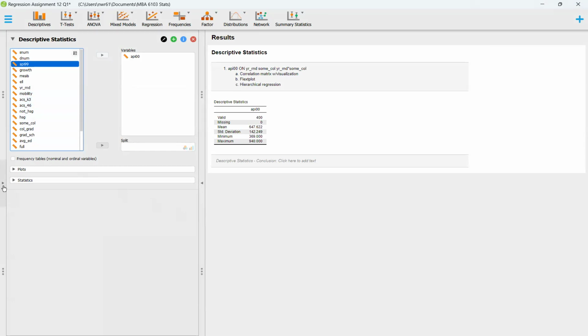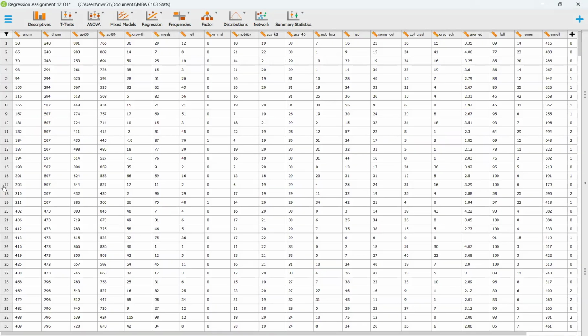I noticed in the example that Dr. Wassilov did during our lecture that he changed the variable numeric expression or the column type for year round. So I'm going to do the same thing here and change it to nominal.